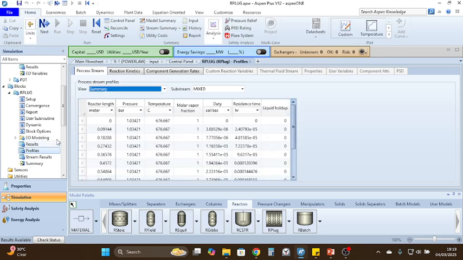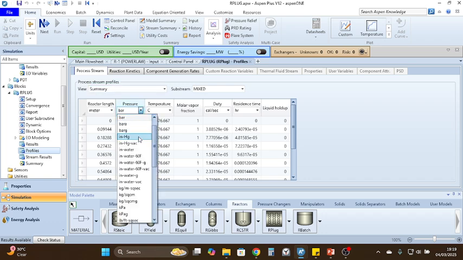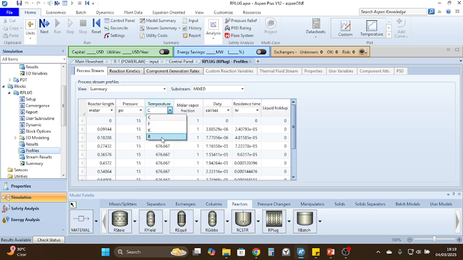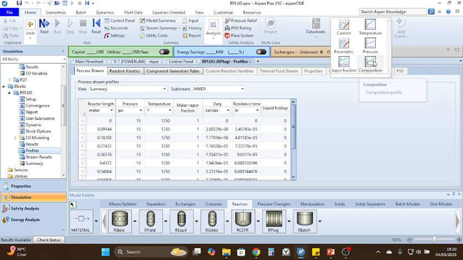If you come to the profile plot, you can see that with variation of length, from this plot wizard over here, we have to select the composition.